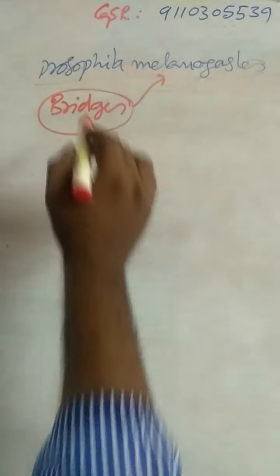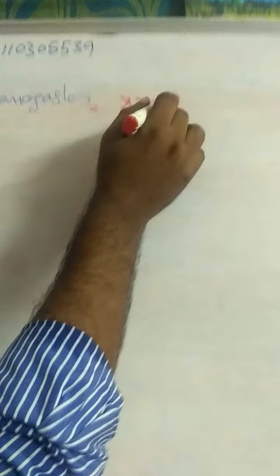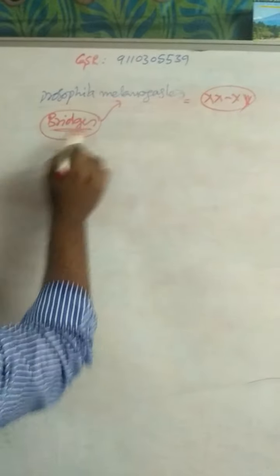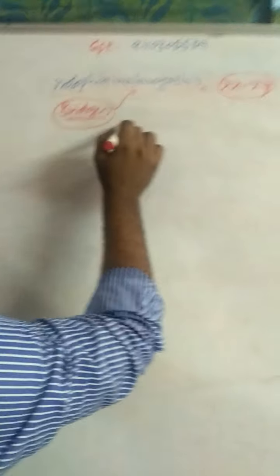In general, in Drosophila melanogaster, the sex determination method is the XX-XY method. According to Bridges' theory, the Y chromosome has no role in sex determination.